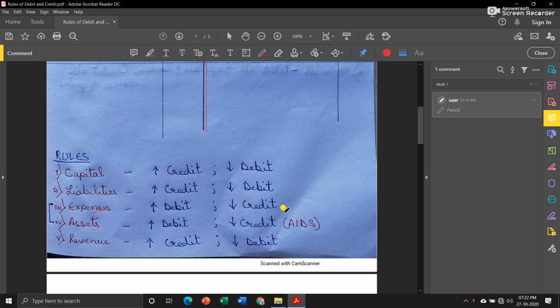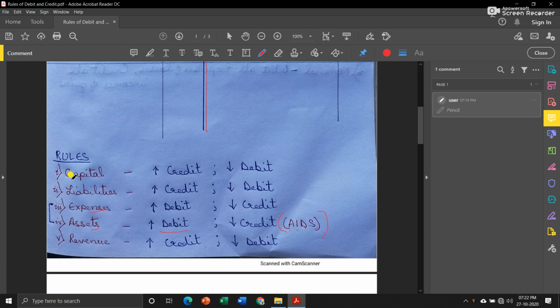For your better remembrance, I have given you another shortcut, that is AIDS. The full form of AIDS is asset increase debit side, meaning if an asset is increased, it will be recorded on the debit side, same as expenses.